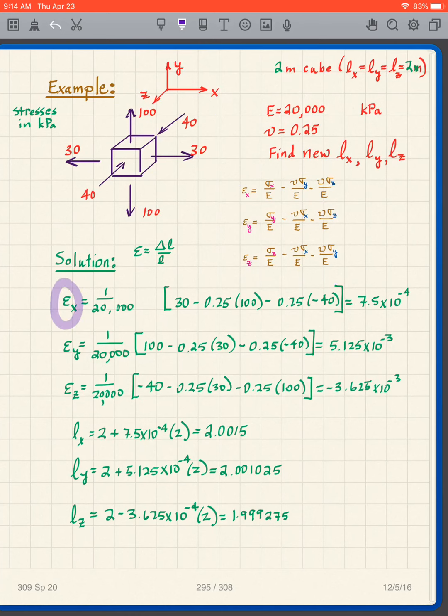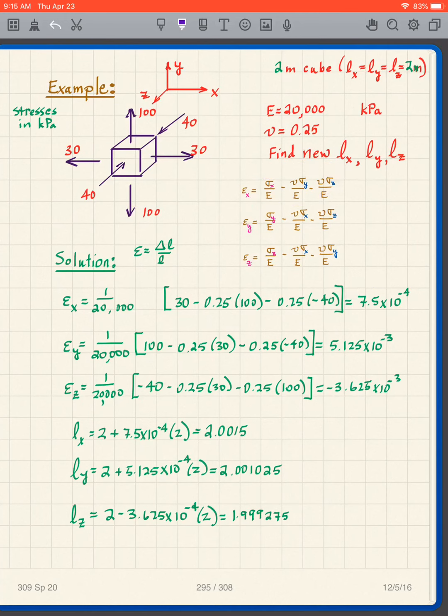So epsilon x is going to be, well, I have the 1 over 20,000 that begins everything, for our Young's modulus, and then I have my sigma x, my mu sigma y, and my mu sigma z. I'm using that compression is negative, tension is positive. We just plug into this expression, and we get that epsilon x is that much.